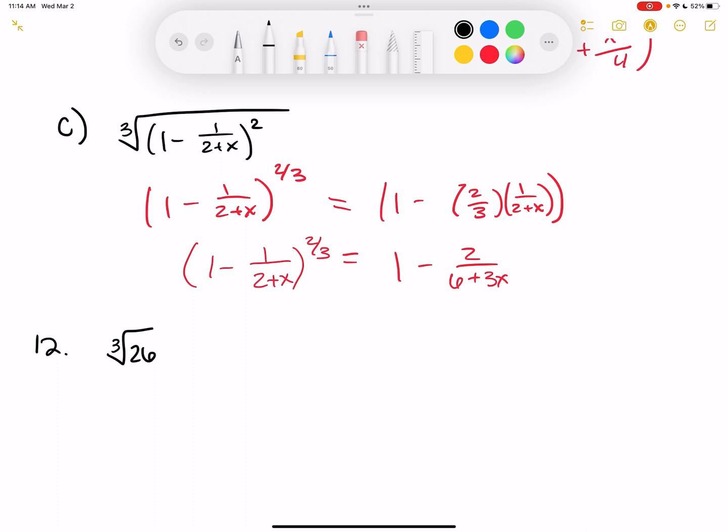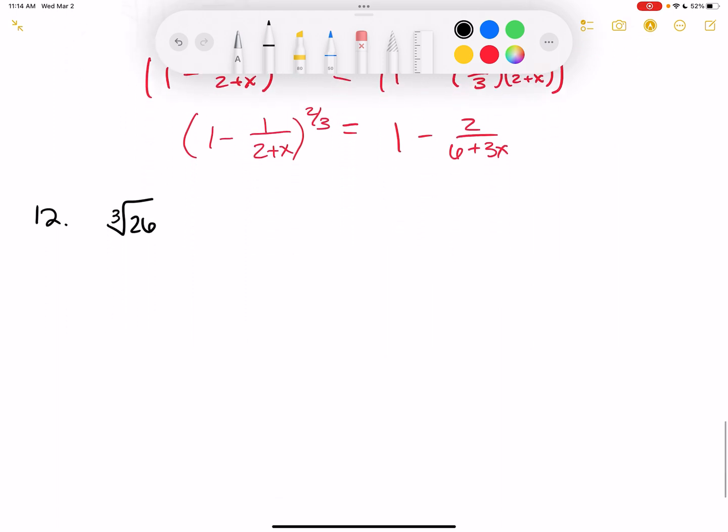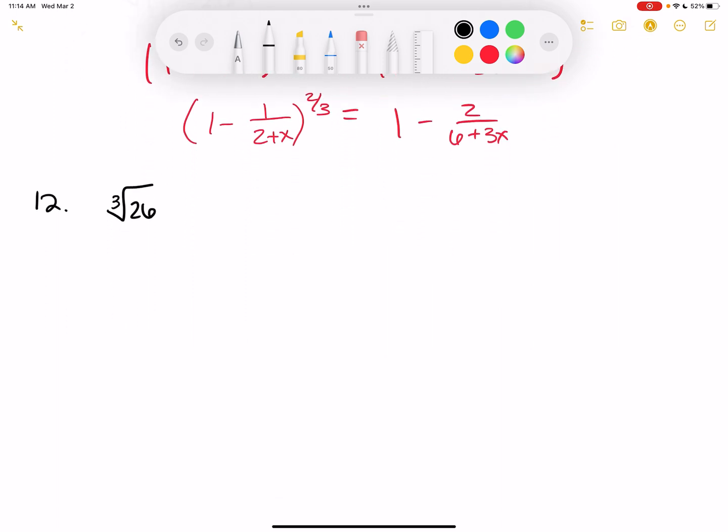Now notice this is a cube root, not a square root, so a little bit different, but what number is close to 26 that is a perfect cube, if you will?